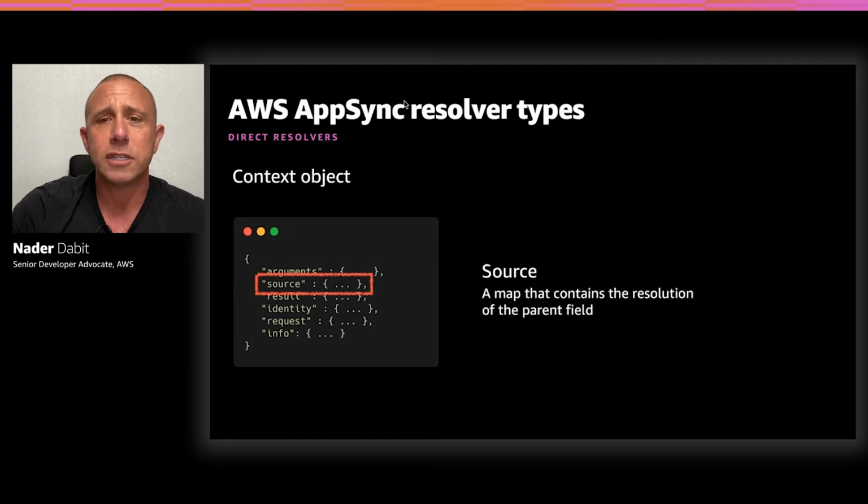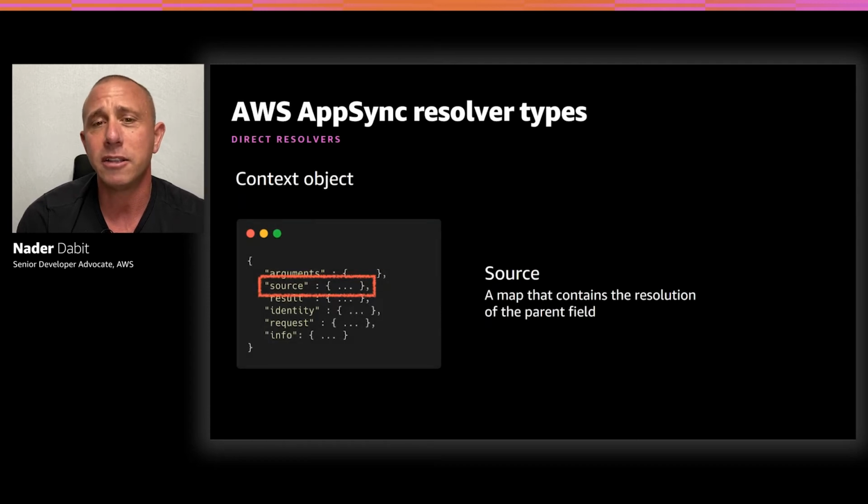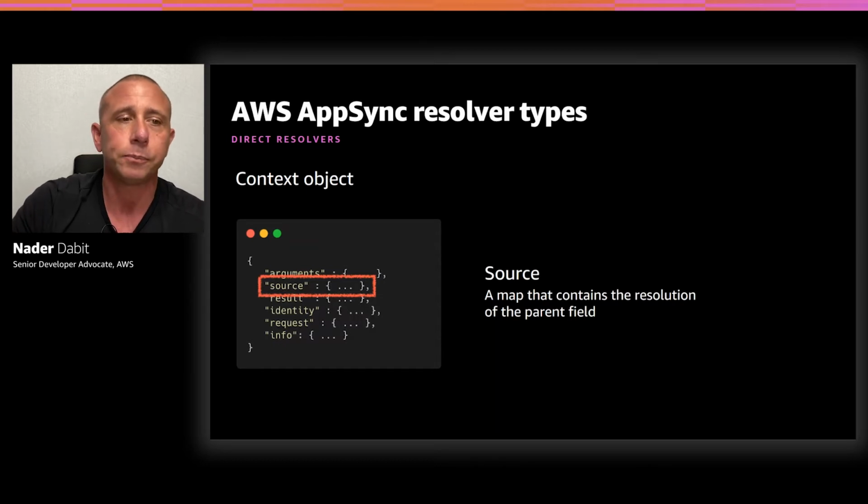We then have the source, and this is a resolution of the parent field. So let's say we have that example that we looked at just a moment ago, where we have a product, and then the product has a warehouse. Let's say we needed some metadata off of that product to actually get the proper warehouse. We could use the context.source, which would be the resolution of that product, to fetch that information if we needed to do that.